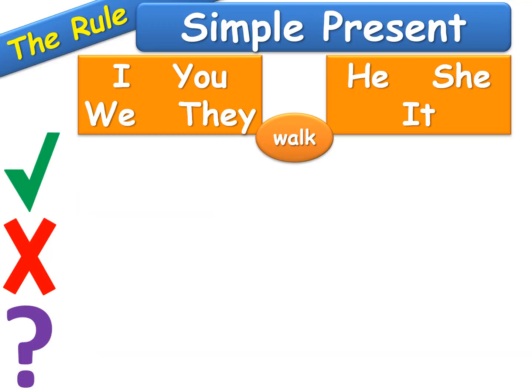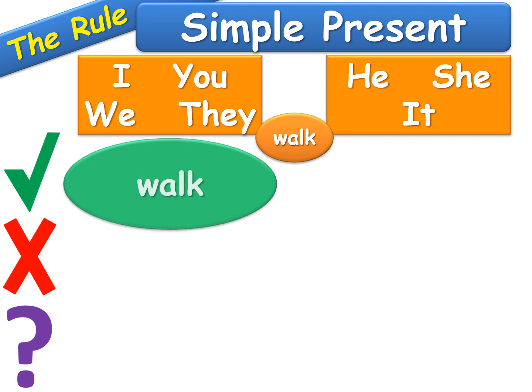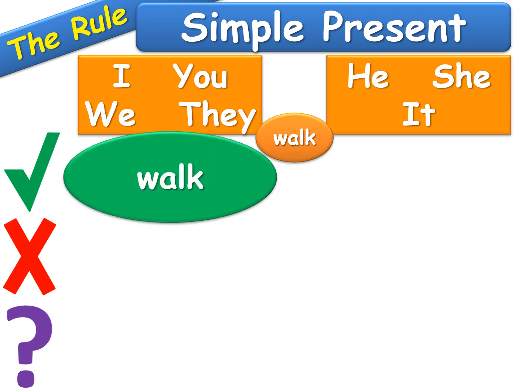In Unit 1, we're talking about the simple present tense. And there are some rules that we have to follow when we're using the simple present tense. Now, if we're talking about ourselves, I, or one other person, you, or we, or they, we just have to use the verb, like I walk, you walk, or they walk.